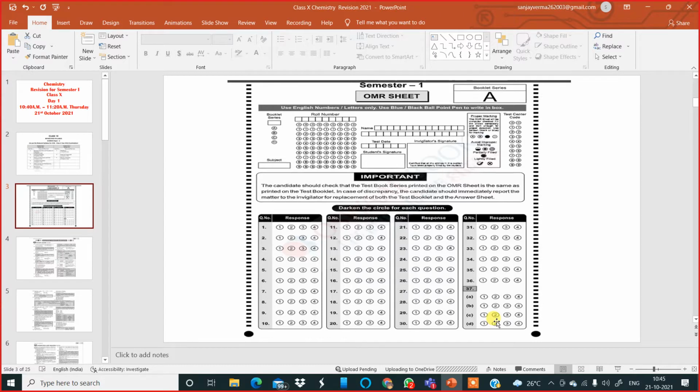Like the CBSE, according to me, it is my personal view, to make the examination fair and justified, I believe the council is planning to call all the students to the respective schools, following the COVID protocol, and make them appear for the semester 1 examination right from the school itself. That is my personal view.